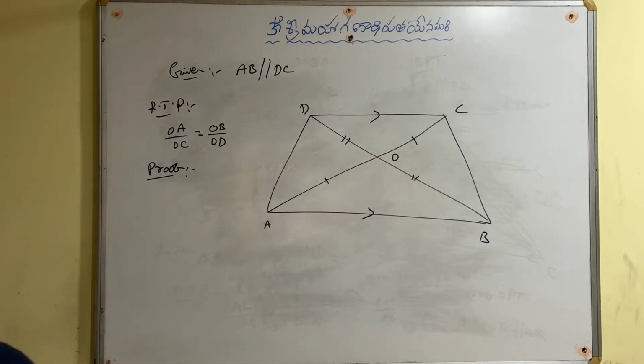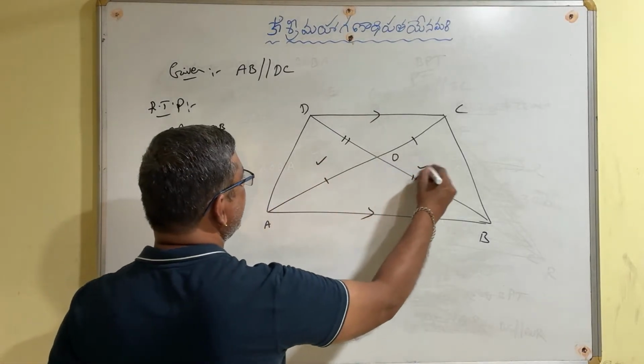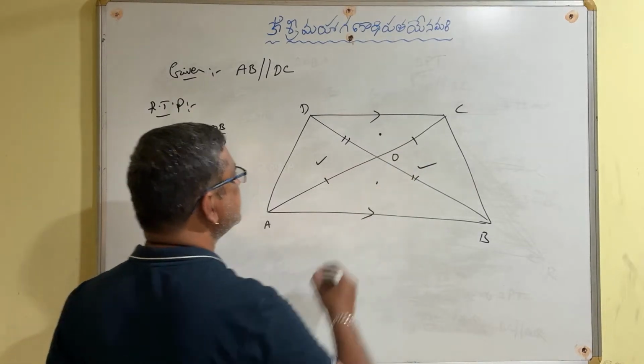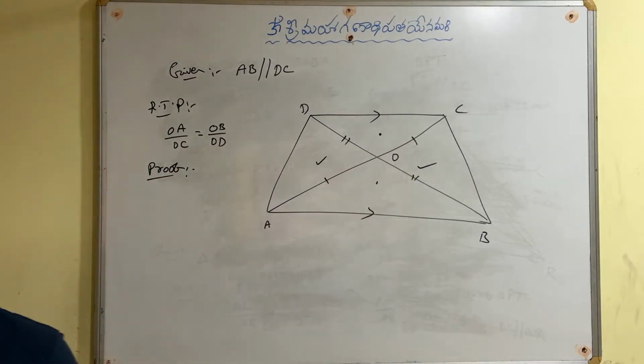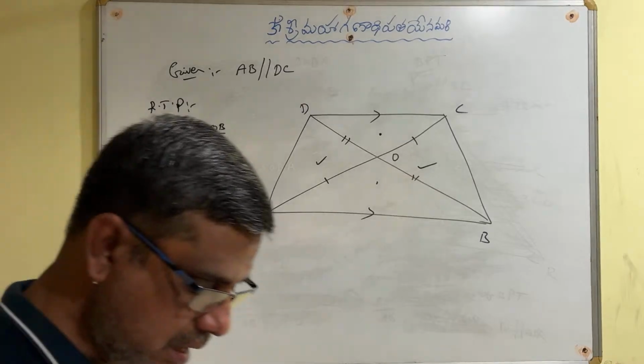Now tell me which pair is similar. Out of those two pairs of triangles, which pair is similar? Either this pair or this one. What is my question and what is your answer, students?